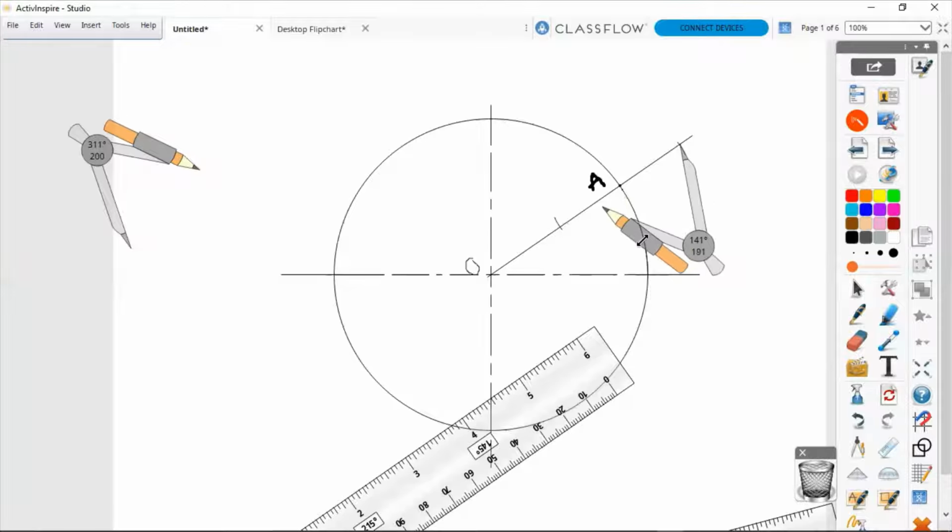So it should be more than half. Then I have my arc. Then I move again and draw the arc beneath.